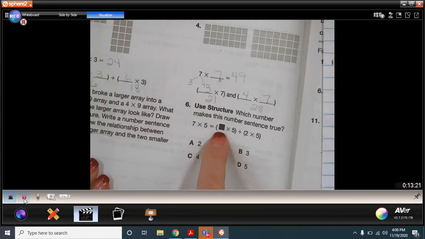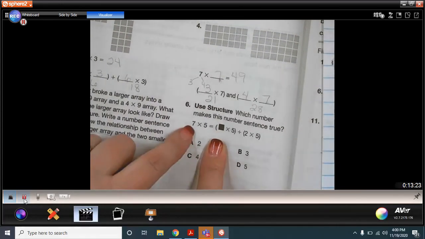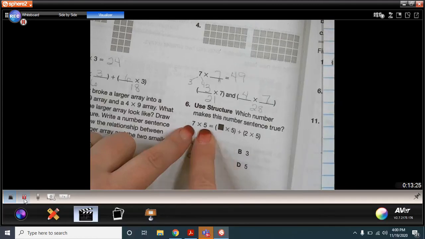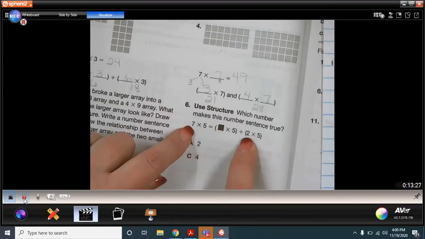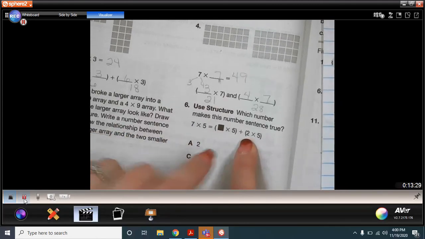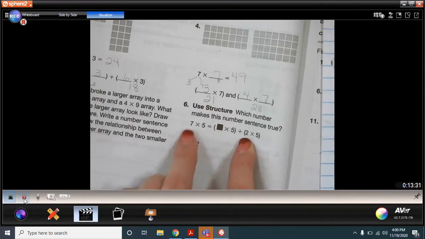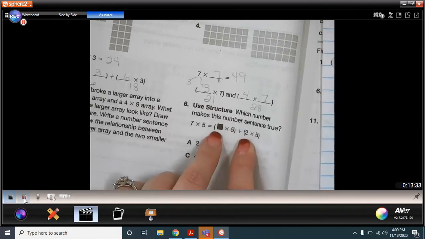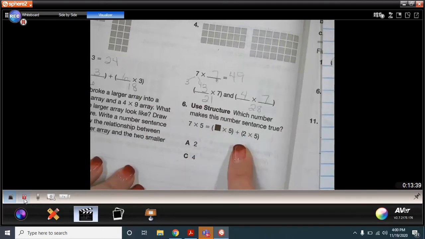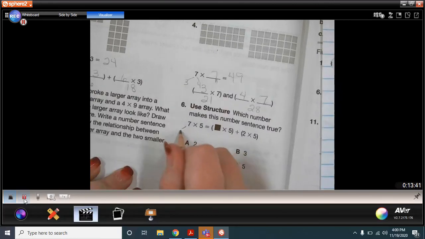And number 6 is asking me for my missing rows here. So if I have 7 rows with 5 in each row, there's 2 rows here. What's left after I break up this 7 as 2 and what? 2 rows and how many more rows? If you said 5 rows and 2 rows, you'd be correct.